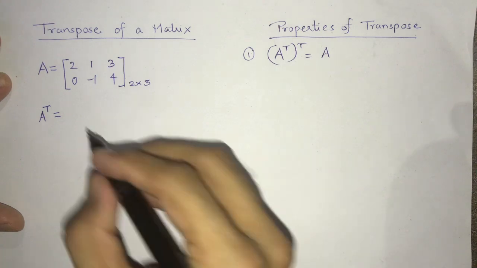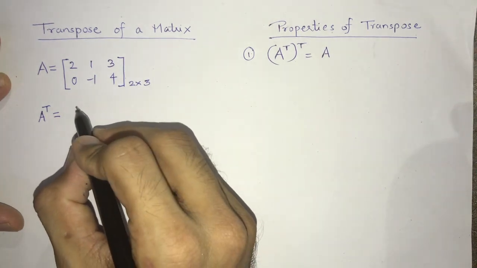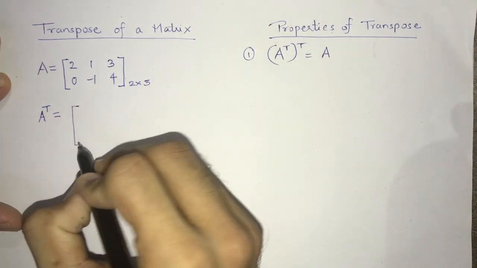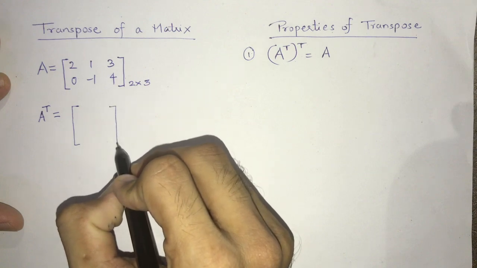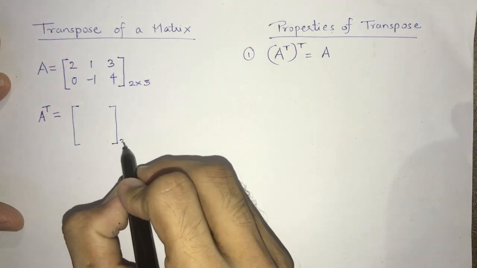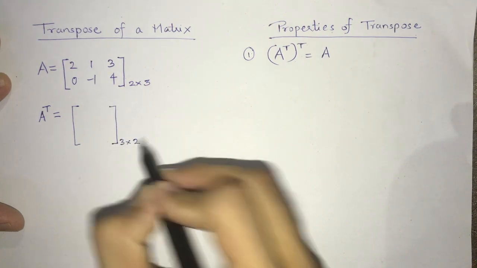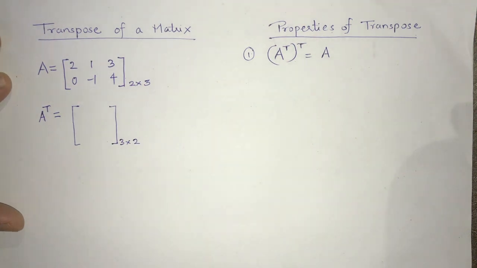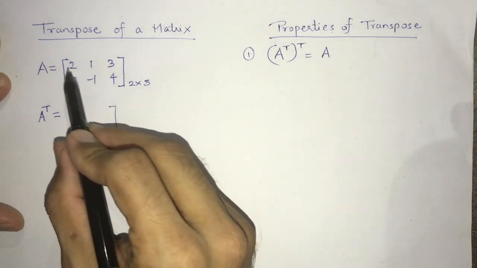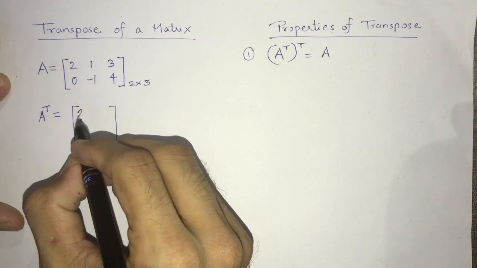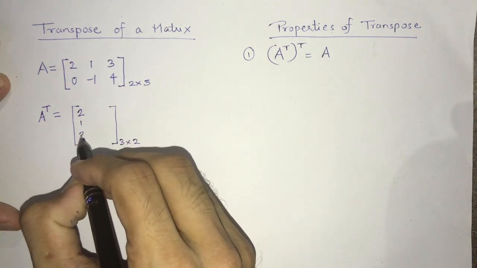So when I'm taking transpose, I'll have to make 3 rows and 2 columns. Okay, 3 rows and 2 columns.